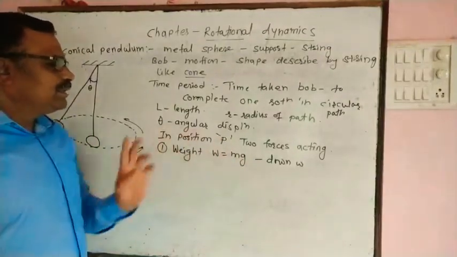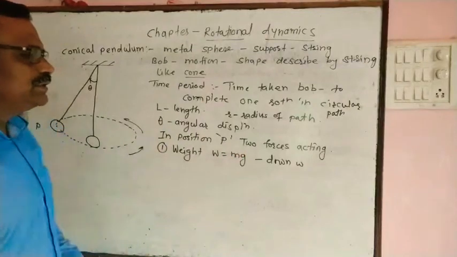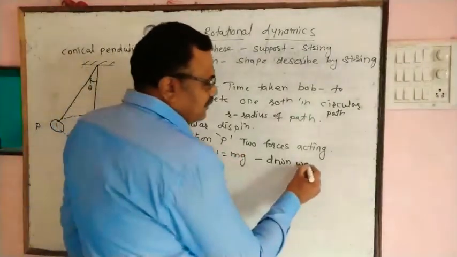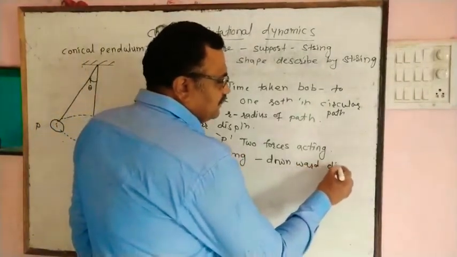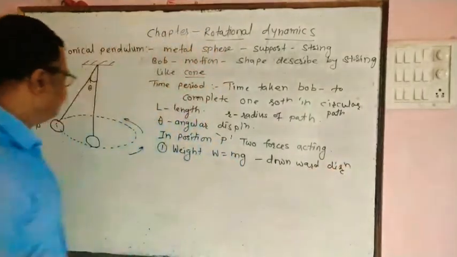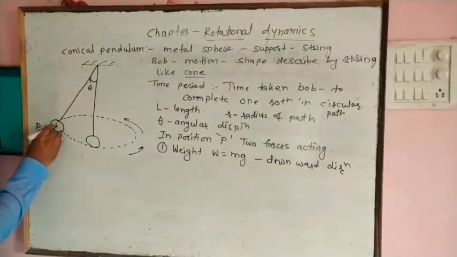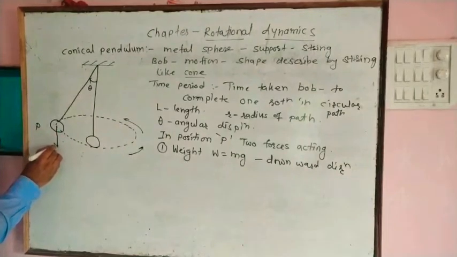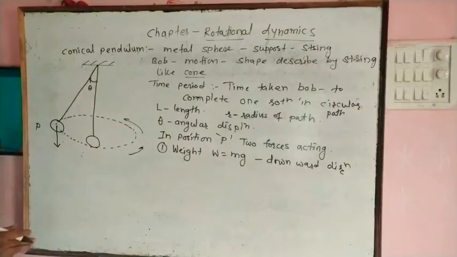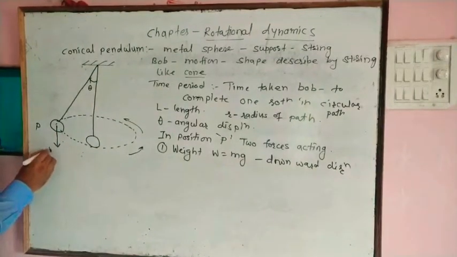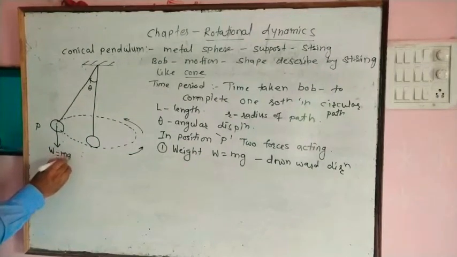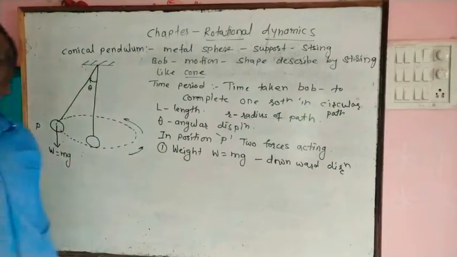This weight is denoted by W, given by the formula mg, and we know this weight always acts in the vertically downward direction from the center of gravity. It is shown by this vector W. It is equal to mg.